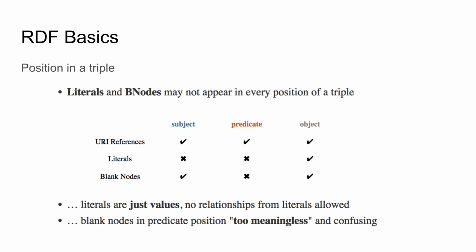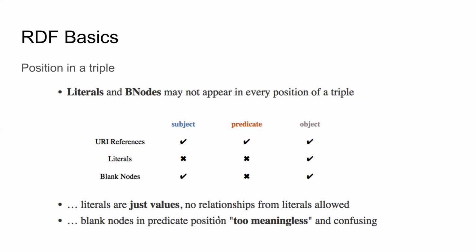On the other hand, if you take Netherlands has capital Amsterdam, then you can further express information about the URI referenced.